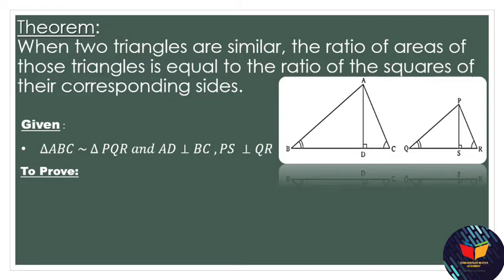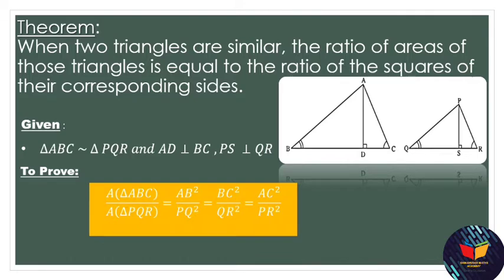So in To prove we will write area of triangle ABC upon area of triangle PQR is equal to AB square upon PQ square, which is equal to BC square upon QR square, which is equal to AC square upon PR square. So now we will write the proof of the theorem.